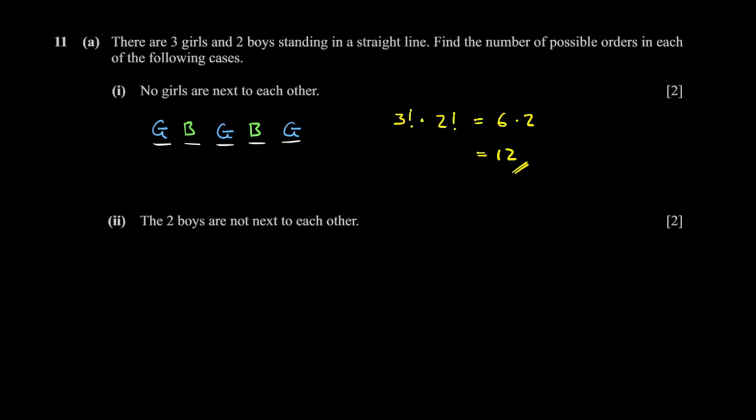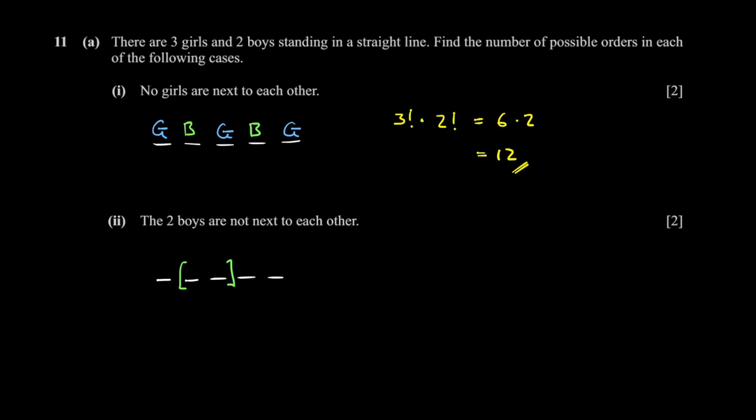Okay, then part 2. The 2 boys are not next to each other. Well, let's consider that the other way around. Let's consider the ways in which the boys are next to each other. So we'll imagine the boys there like that as 1 unit. So how many ways can I arrange the 1, 2, 3, 4 units, right? Because I'm now considering the boys as stuck together as one thing.